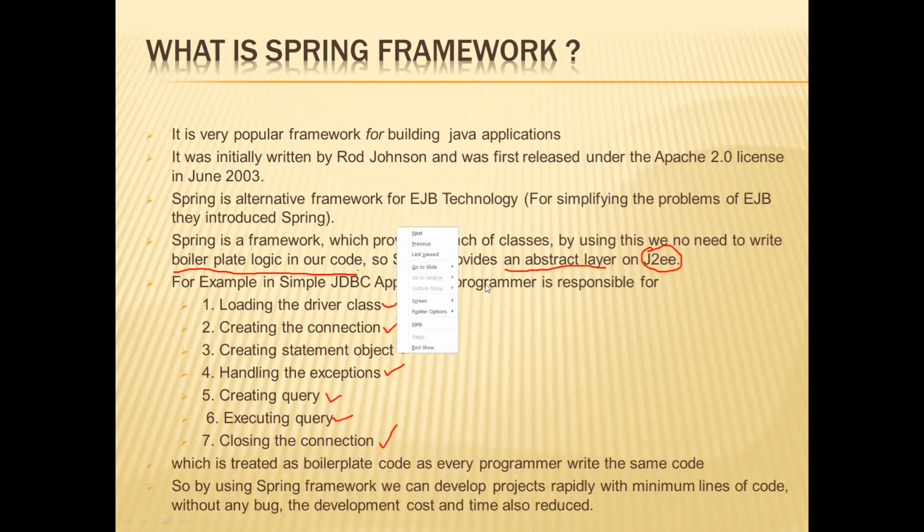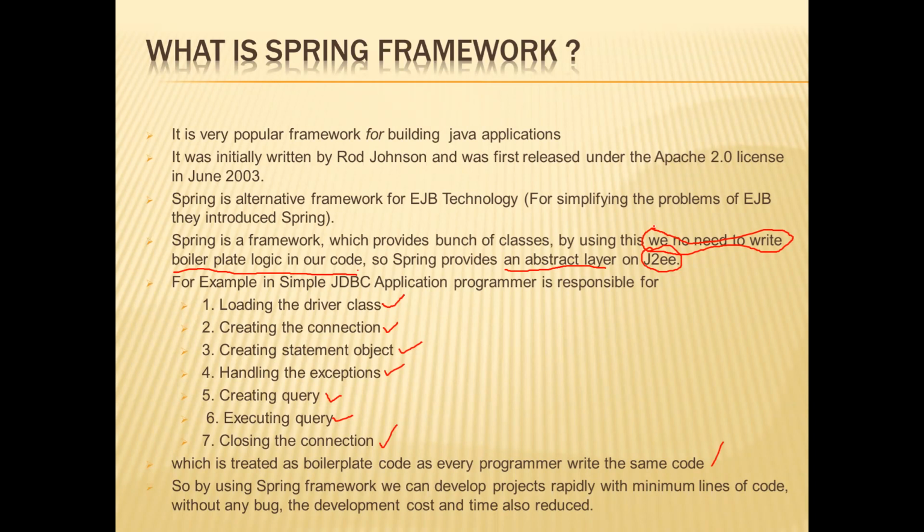Every programmer needs to write the same code. This kind of boilerplate code we need not write if we are using frameworks. Now in our use case, by using the Spring framework on top of J2EE technology, they came up with different types of modules.